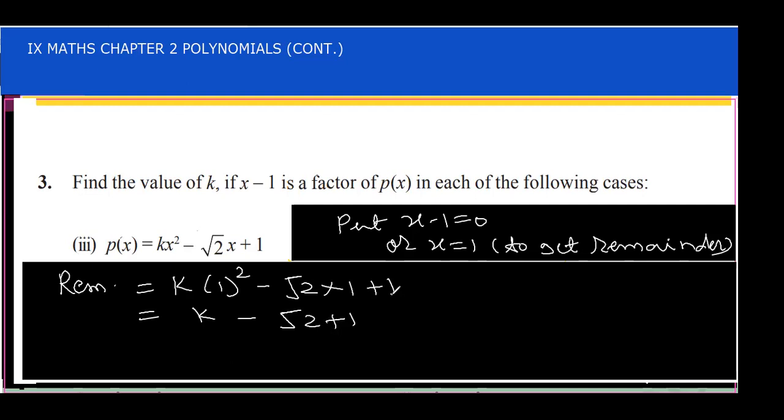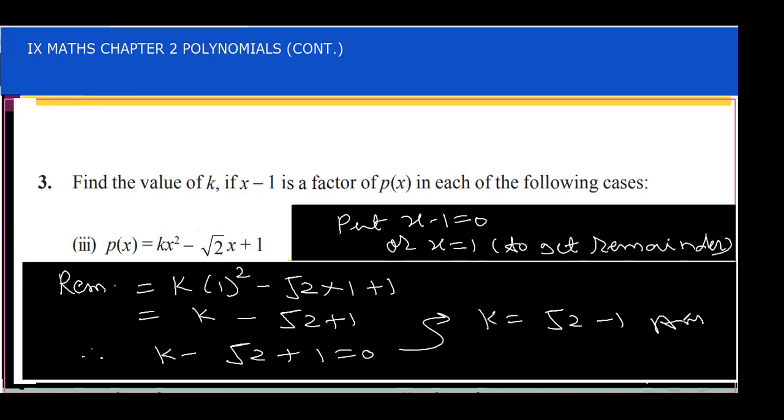This is remainder, but the remainder should be equal to 0. Therefore k minus root 2 plus 1 should be equal to 0. So the value of k will be root 2 minus 1. So the value of k will be root 2 minus 1, and this is the answer of this question.